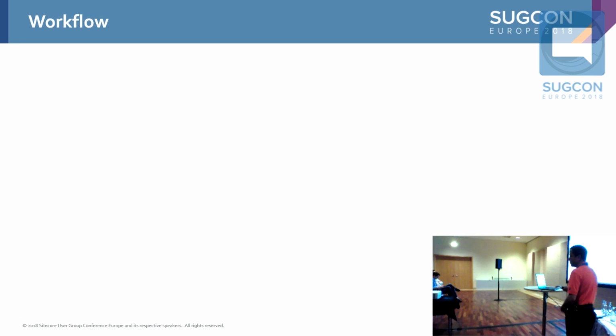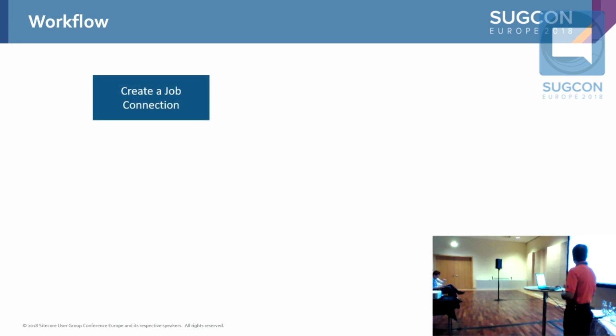Before we jump into the demo, I just want to go through the workflow and show you how it works, so that when we go to the demo, we remember how the workflow works. First of all, someone is going to create a job connection.